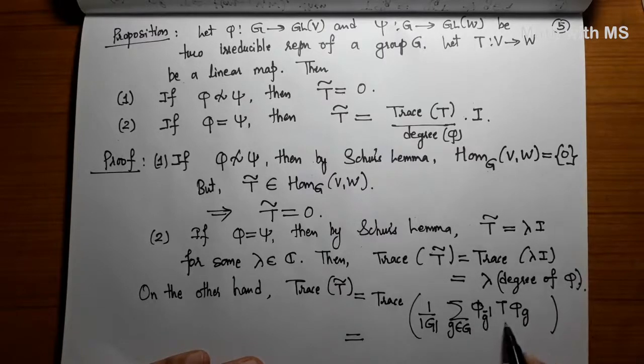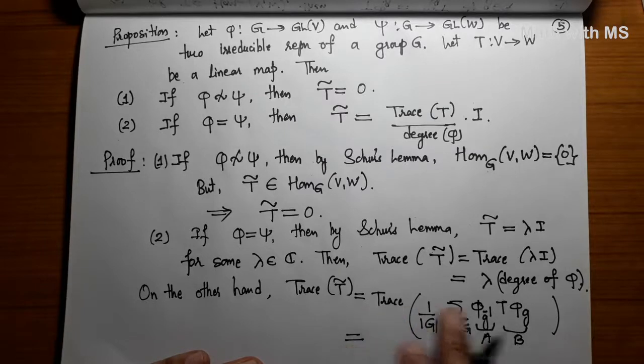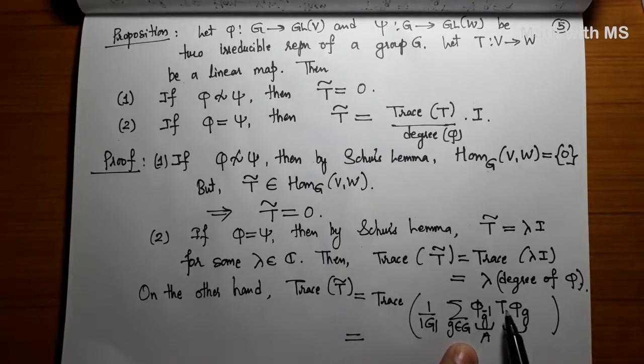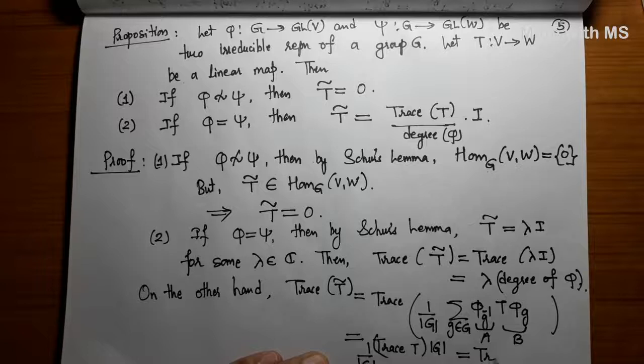So you can call it A, you can call it B, then you know that trace is additive, so the trace of a sum of two matrices is the sum of the traces, so trace will go inside, okay? And trace of AB is the same as trace of BA, so that is the same as the trace of T phi(g) times phi(g inverse), okay? Alright, but phi(g inverse) is just phi(g) whole inverse, that gets cancelled, so this is just the same as the trace of T.